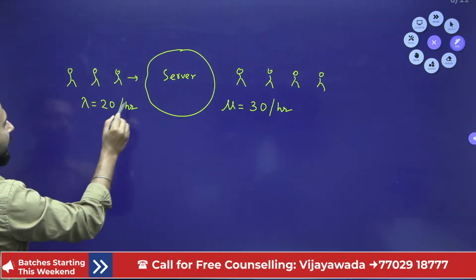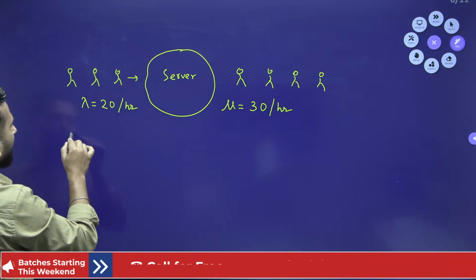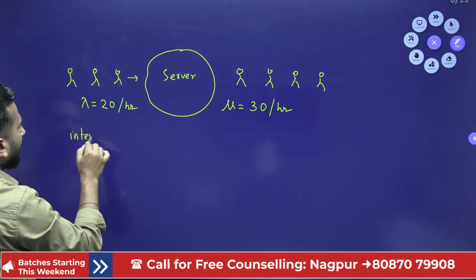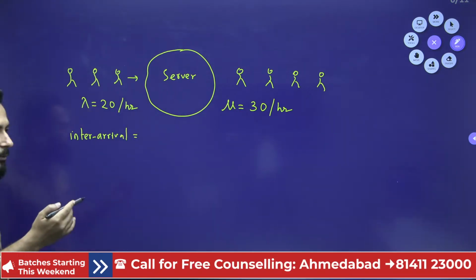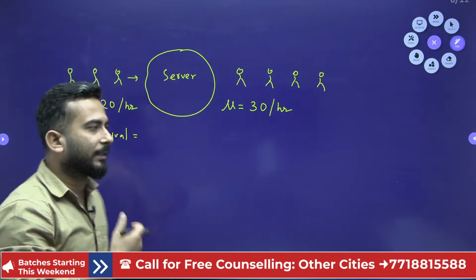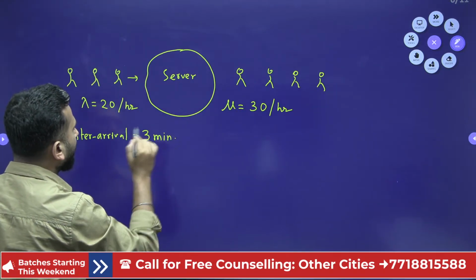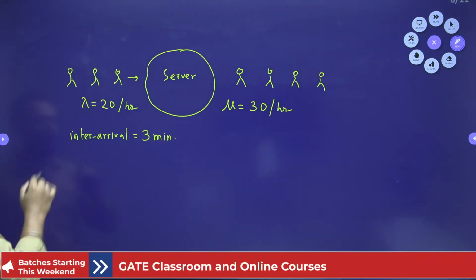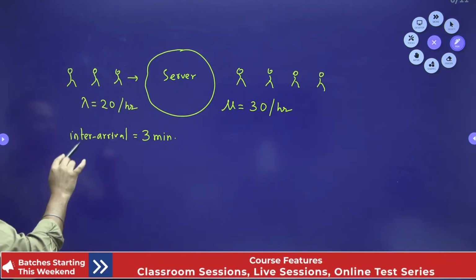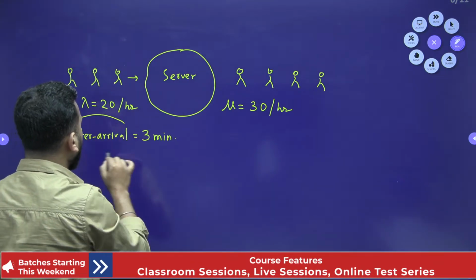So over here, in 60 minutes, 20 persons are coming. If I have to say in how many minutes every person is coming, every person is coming in 3 minutes: 60 by 20. Yes or no? 20 persons coming in 60 minutes, one person coming in 60 by 20 minutes. That means 3 minutes, and this is your inter-arrival time.